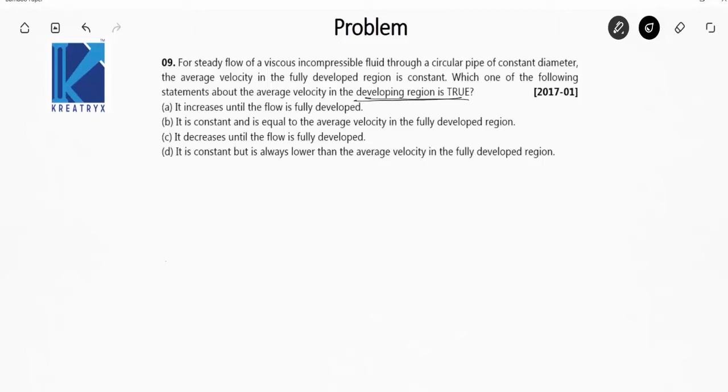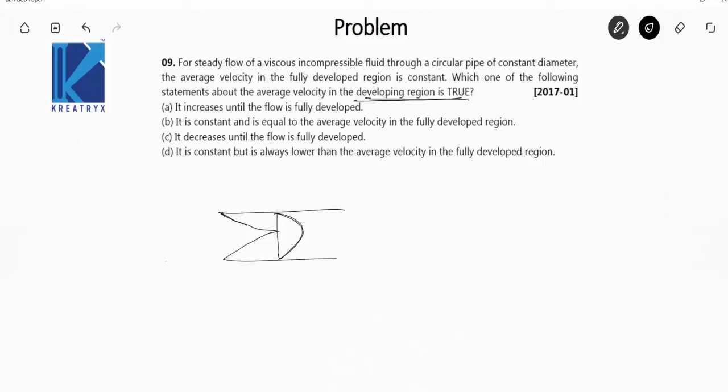We see that at the entry of the pipe the boundary layer retardation increases. This is how the flow develops. As the flow enters, the boundary layer retardation takes place, and thus the velocity keeps on decreasing until the flow is fully developed.